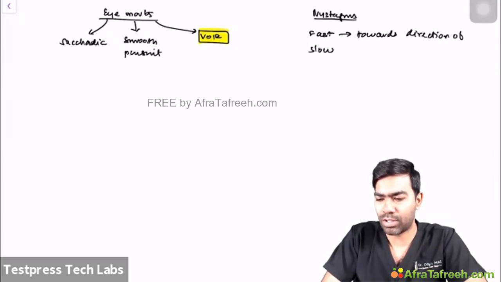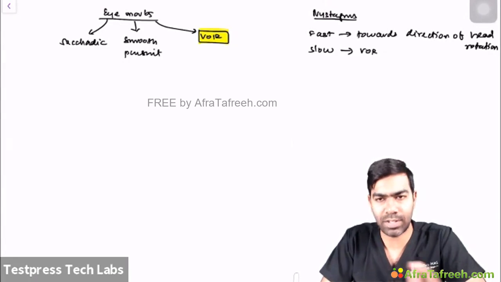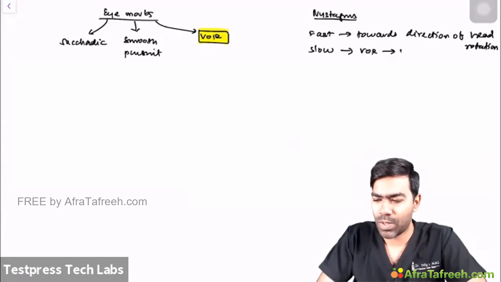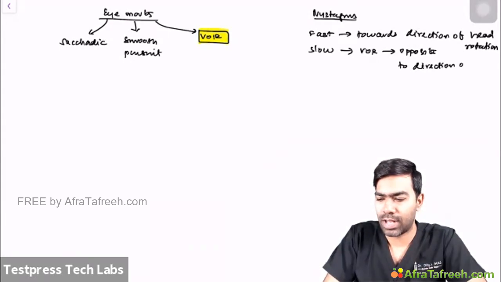That will be the side of the fast component. And the slow component is nothing but the vestibulo-ocular reflex that is trying to correct the rotation, so it will be on the opposite side, opposite to the direction of rotation of the head.